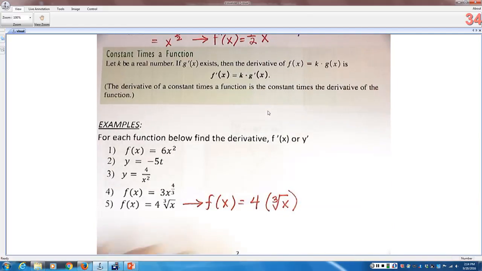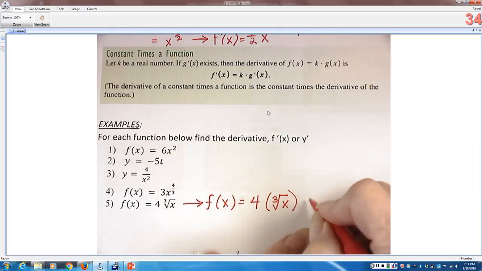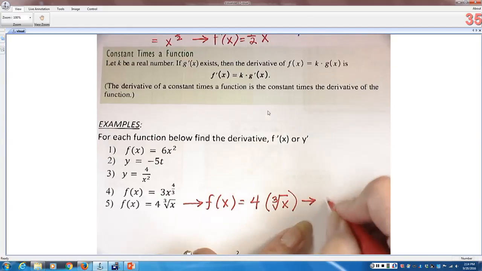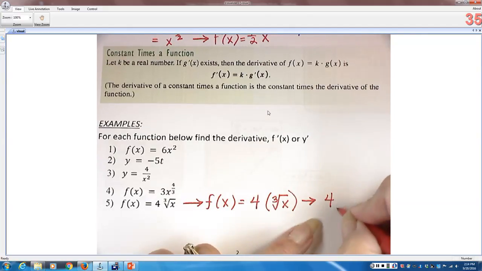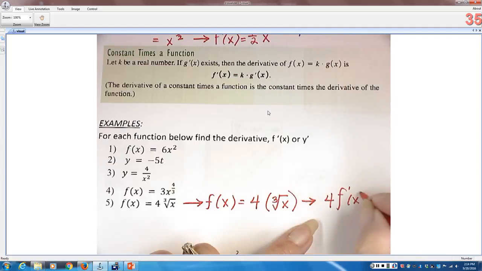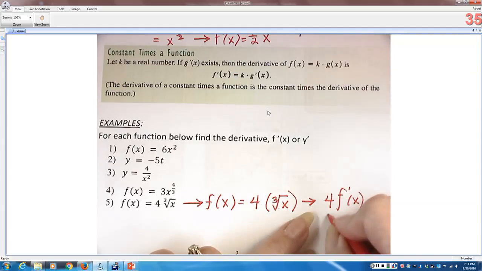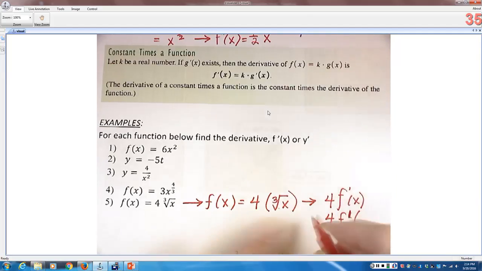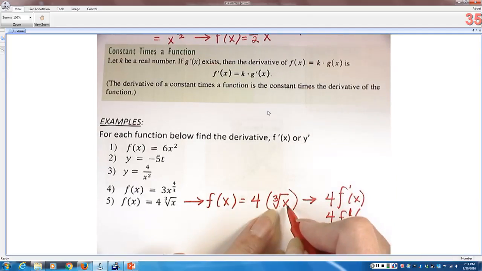So when I take the derivative, the first thing I'm going to do is pull the 4 out in front of the derivative of this function here. So the 4 is going to be times the derivative of, what power is this?